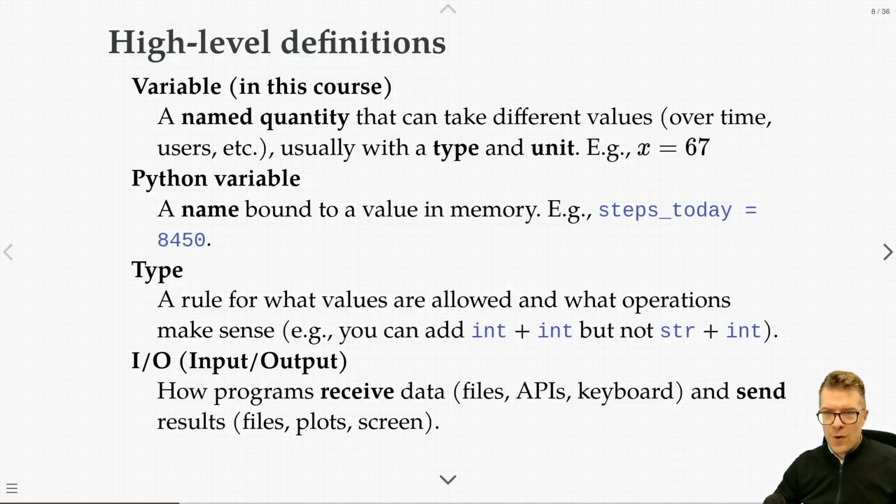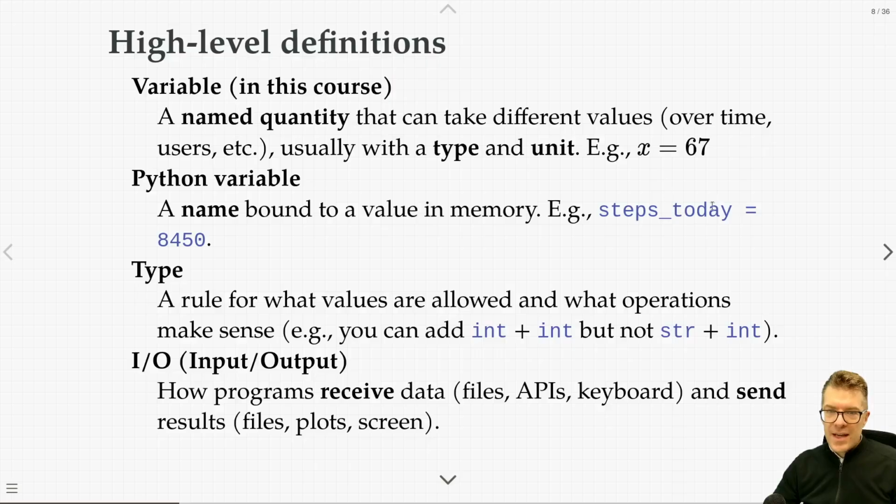So the mathematical form of a variable, the variable name would be x, and the variable value would be 67. But there's no indication here of units, for example. Often we'd prefer them to be there, but sometimes it's implicit. A Python variable is a textual name that's bound to a value that's stored in memory.